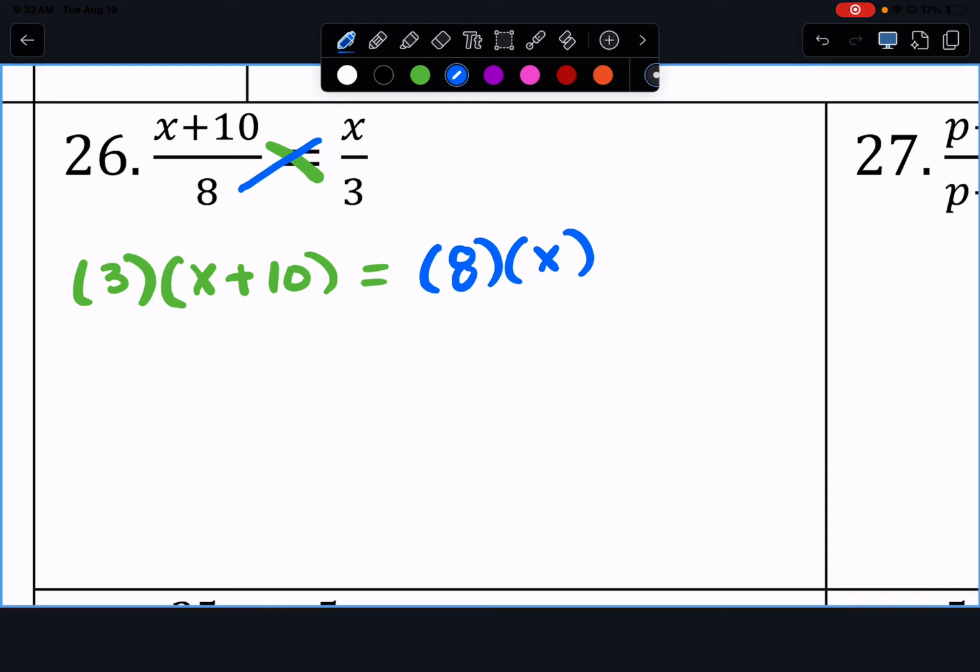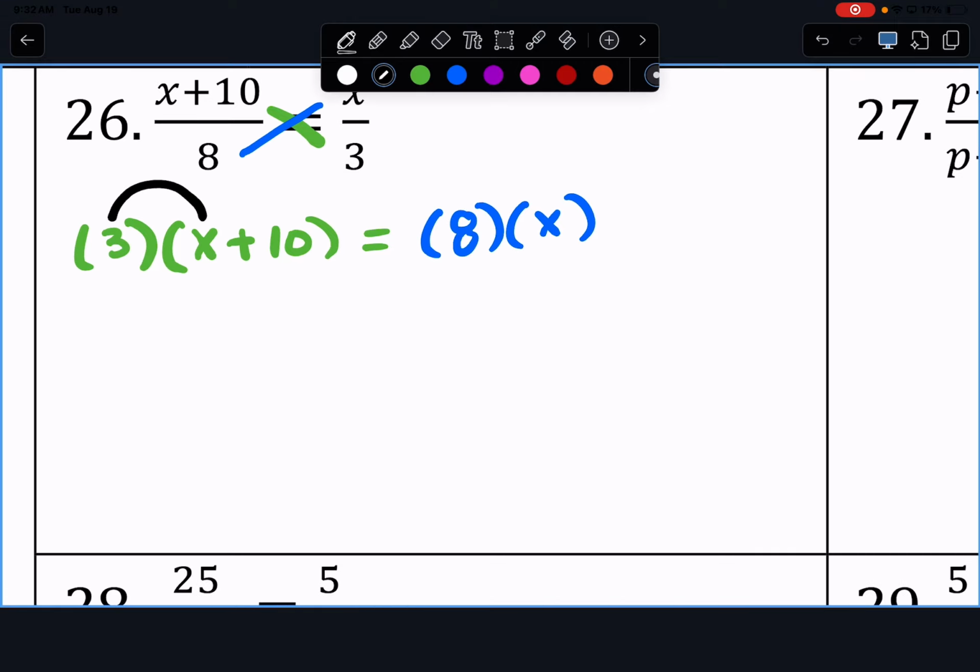All right, from here, we just need to distribute, okay? So 3 times x is, 3 times 10 is, 8 times x is.